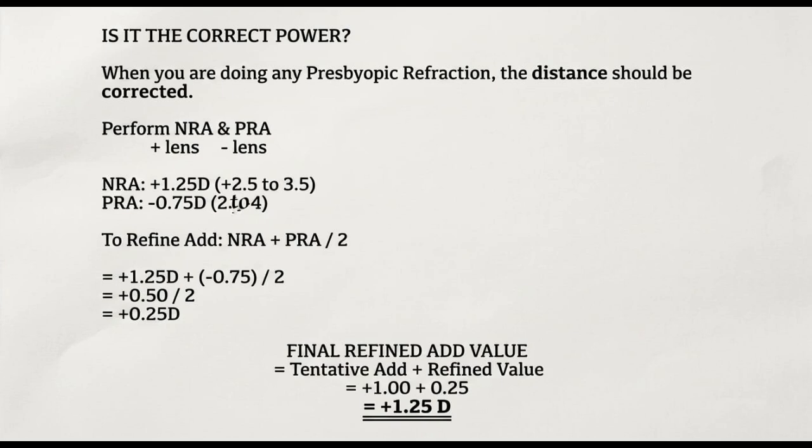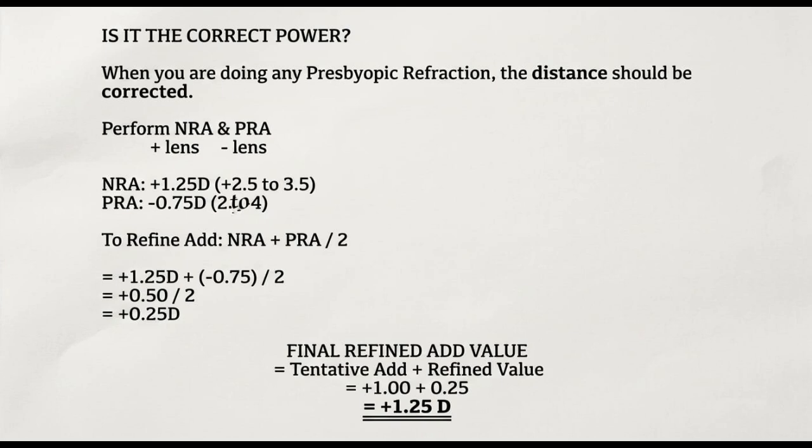Whenever we are doing any presbyopic refraction, the distance should be corrected, and we have to perform NRA and PRA. For NRA we are using plus lens, for PRA we are using minus lens. So if we get NRA as plus 1.25 diopters and PRA as minus 0.75 diopters, to refine the add we use the formula NRA plus PRA divided by 2.